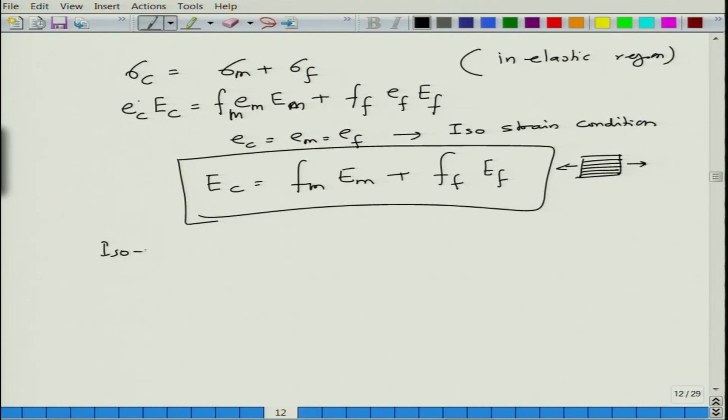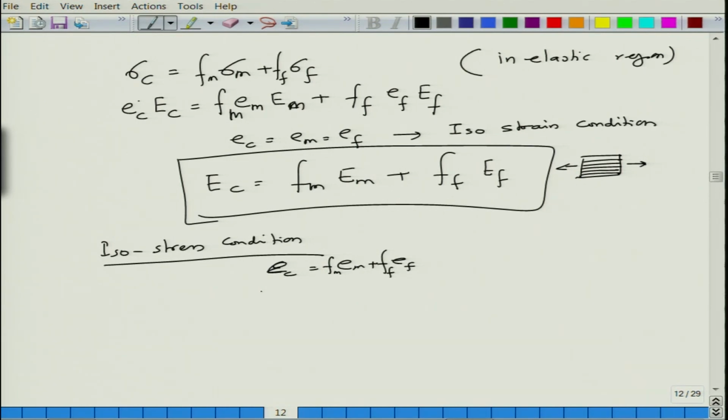And for iso stress condition, epsilon C is equal to epsilon m plus epsilon f, and you can write this as sigma C divided by Ec, which equals Fm into sigma m divided by Em plus Ff into sigma f divided by Ef.